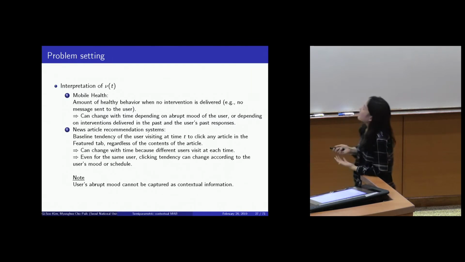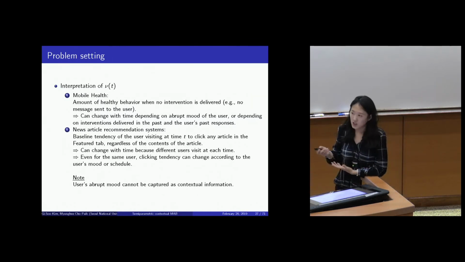And in the news article example, this nu_t can represent the baseline tendency of the user visiting at time t to click any article, regardless of the contents of the article. And this can change with time because different users visit at each time. So their tendency will be different.